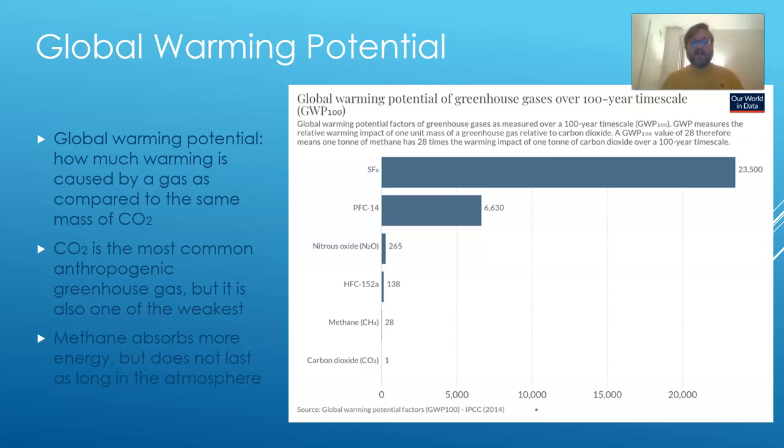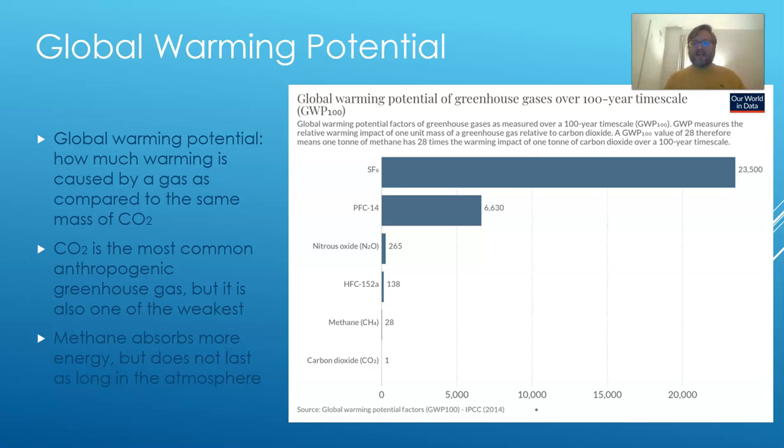So what you'll see from that chart is, again, CO2, we give it a global warming potential of 1. It's our benchmark. Then methane, another very common greenhouse gas, has a global warming potential of 28. So if we were to emit 1 ton of CO2 into the atmosphere right now and 1 ton of methane, and then we were to look at how much the Earth warmed from each of those things over the course of 100 years, the methane would have warmed the Earth 28 times as much as that CO2 did.